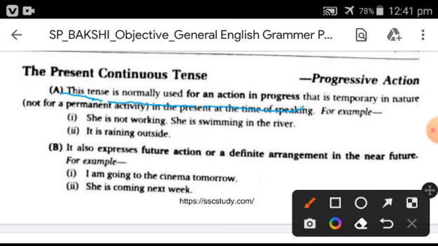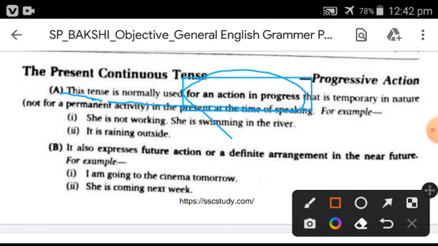Mark these lines, for an action in progress. Such an action which is continued at the time of speaking.